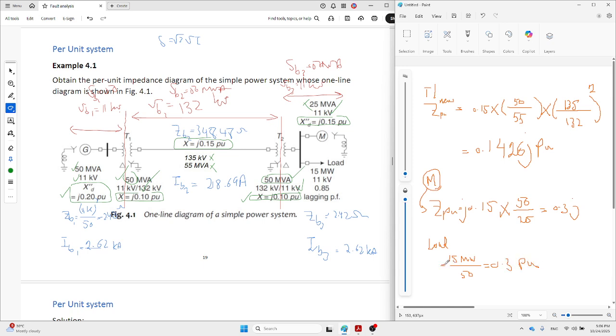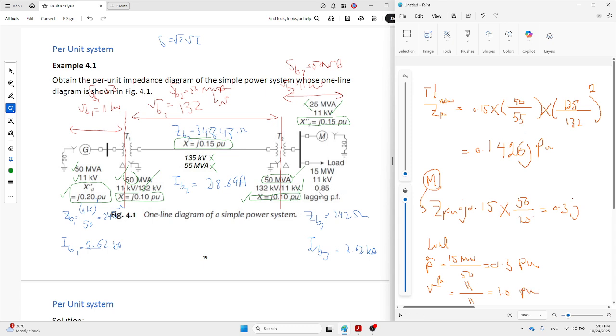This is P, correct? Then I can change the voltage in per unit. V in per unit is the actual value, which is 11 as you can see, over V base. So V base also is 11. So the final value is 1 per unit.